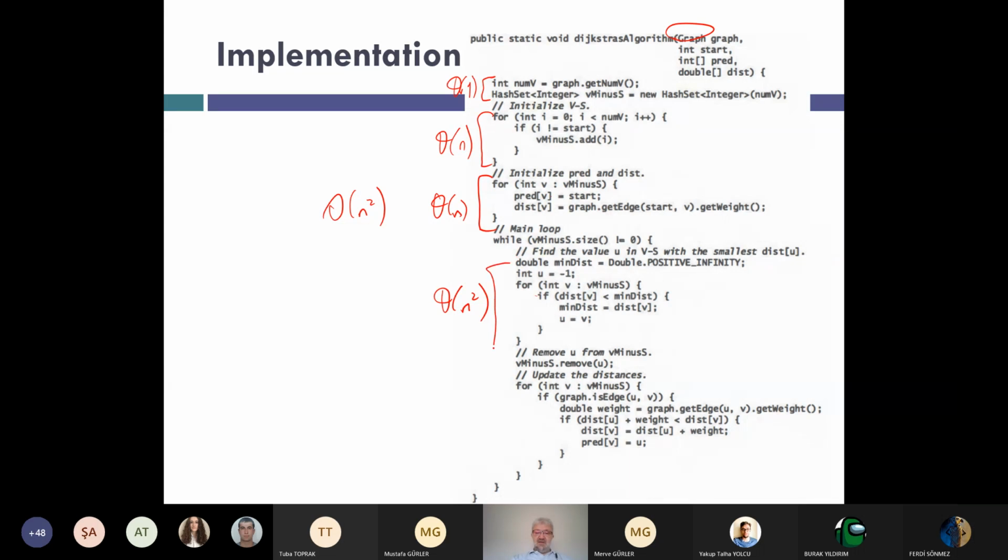So this one is theta n squared time in the while loop, of course. And maintaining the while loop will be theta n time, right? Now the last part, the remove operation is performed n times, and it's constant time, so theta n is here as well.